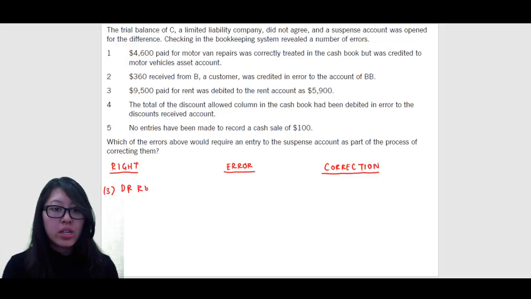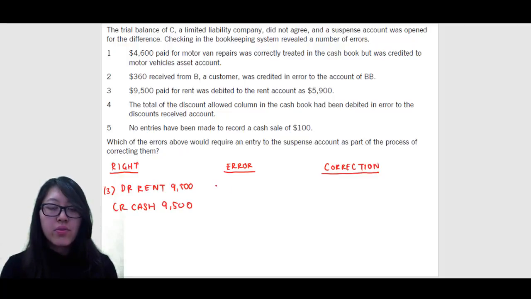So we should debit the rent account by $9,500, and we will need to credit cash because cash is going out by $9,500. But the error was it was debited to the rent account as $5,900. So instead of debiting $9,500, it was debited $5,900. And cash doesn't seem to have any issue because they didn't point it out.